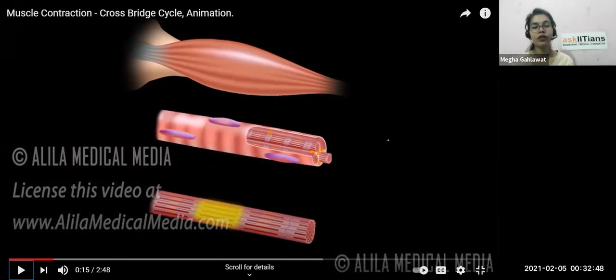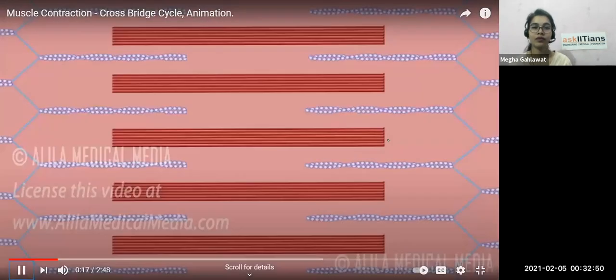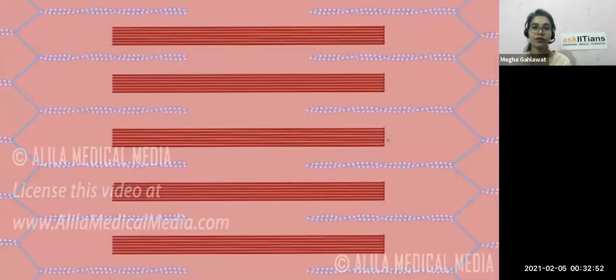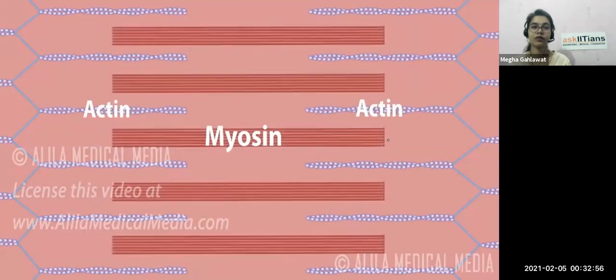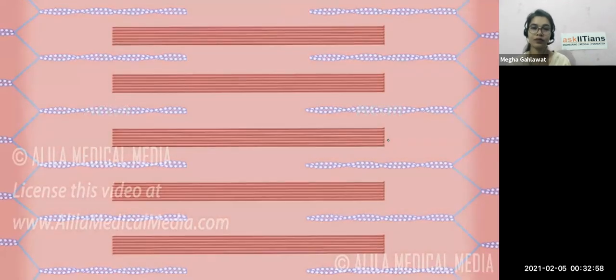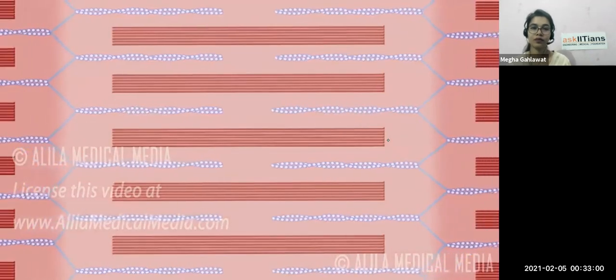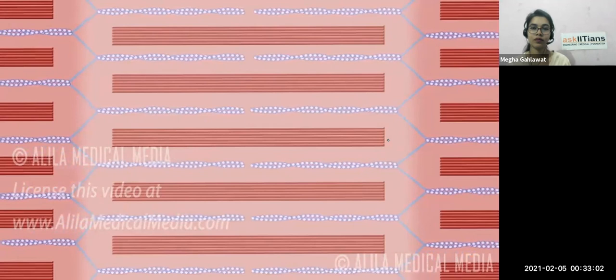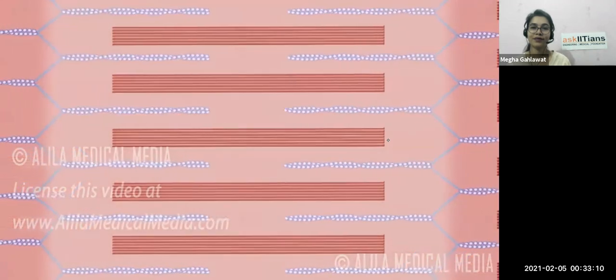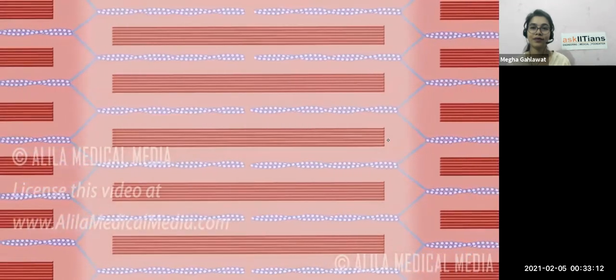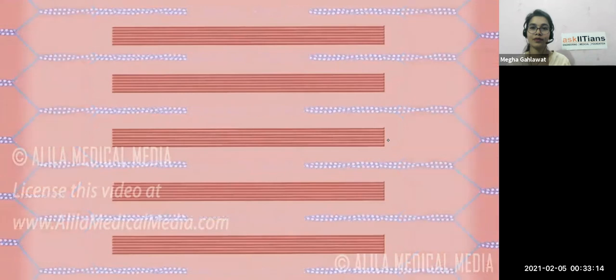Moving forward, each sarcomere contains many parallel, overlapping thin actin and thick myosin filaments. The muscle contracts when these filaments slide past each other, resulting in a shortening of the sarcomere and thus the muscle. This is known as the sliding filament theory. Cross-bridge cycling forms the molecular basis for this sliding movement.